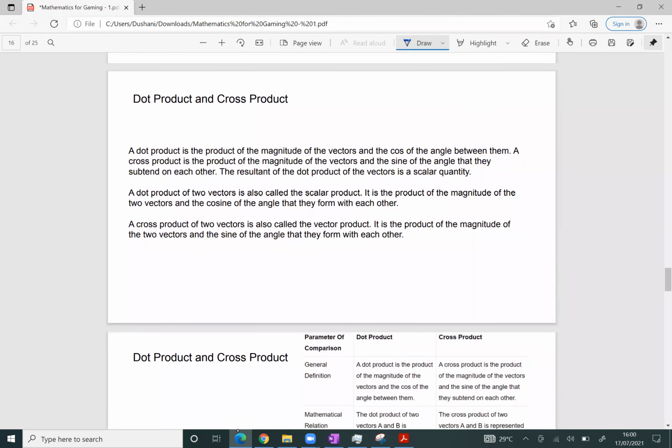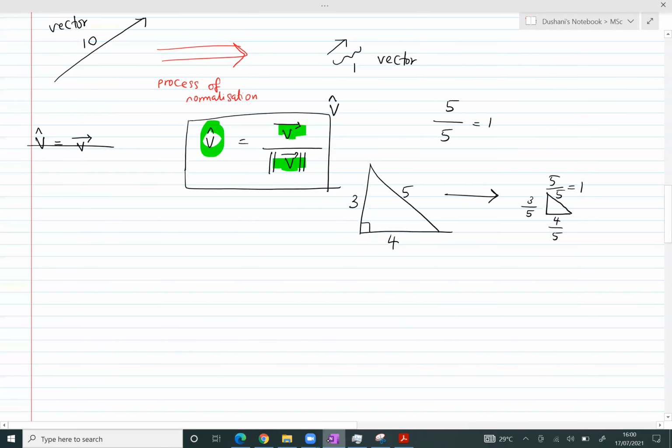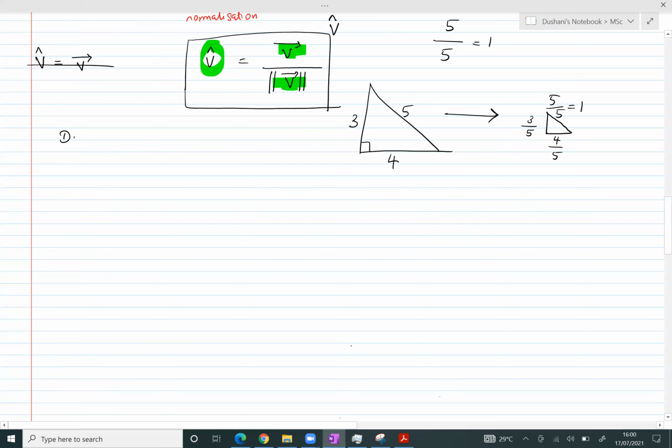Now let's come to the dot product and the cross product. So let's first talk about the dot product. We know now that a vector has a magnitude and also a direction. Say we have two vectors like this.